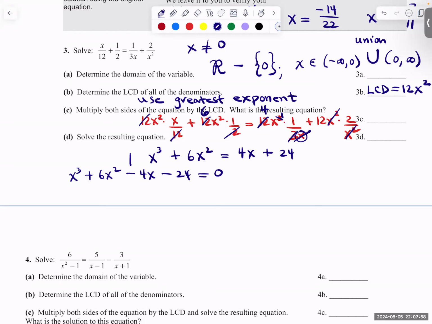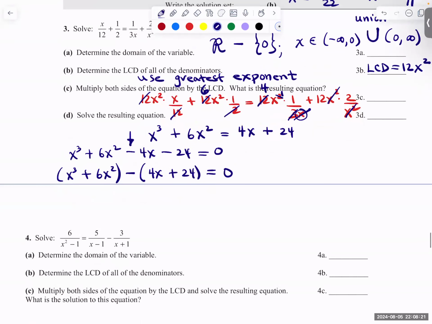Now we have to be careful with minus in the middle, because when we insert the parentheses or grouping symbols to use the grouping method, minus in front of a parenthesis distributes, so the minus in front of 24 becomes plus. And the good thing is we have a common factor of 4 there that we can factor out.